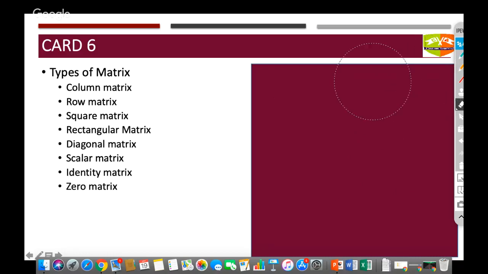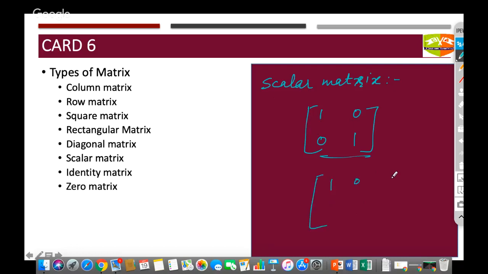So what I'm trying to say is, let's say a scalar matrix where diagonal terms are 1. So let's take a 2 by 2 matrix and look at here, the diagonal term is 1. This is known as the identity matrix.